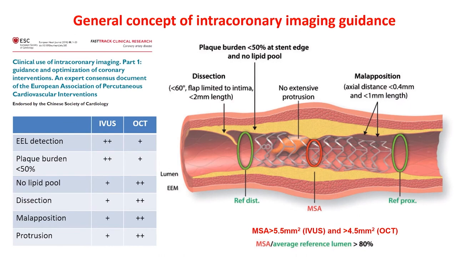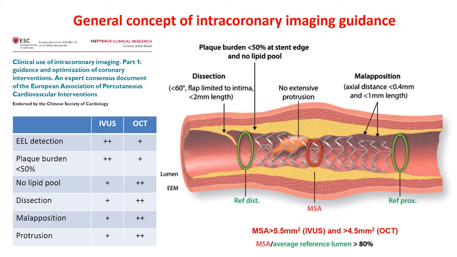General practical imaging indexes for optimal PCI are also summarized in the European Society of Cardiology consensus paper. First, minimum stent area should be more than 5.5 mm² in IVUS and more than 4.5 mm² in OCT.